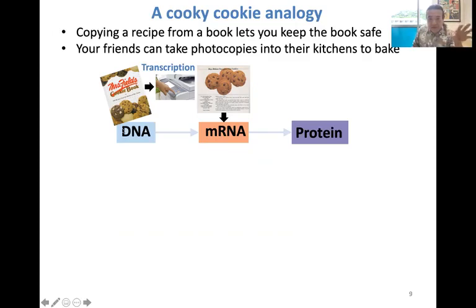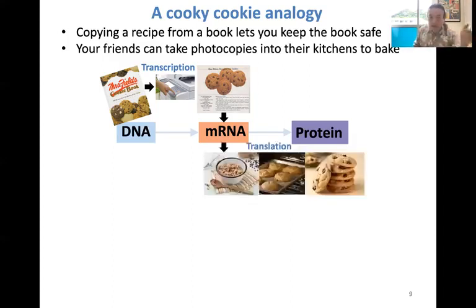So what we're saying is the original DNA in the genome is the original cookbook. Transcription then is photocopying that to make this intermediate molecule, mRNA. And that mRNA can then be edited, and then that will be translated.